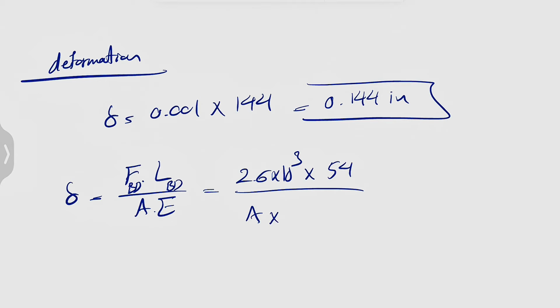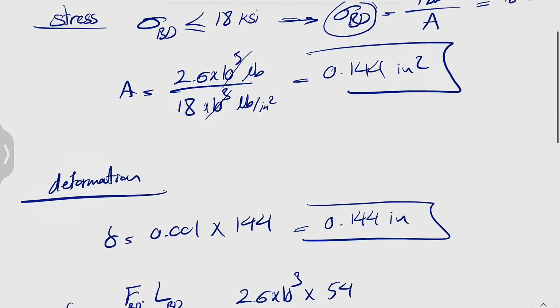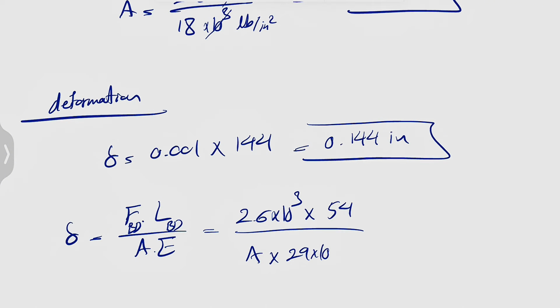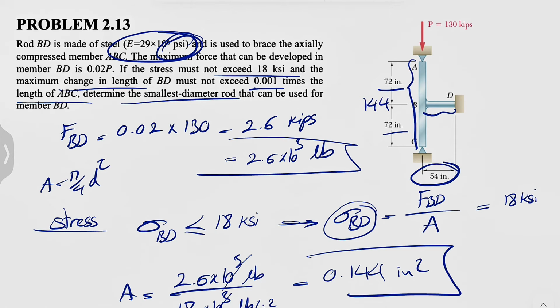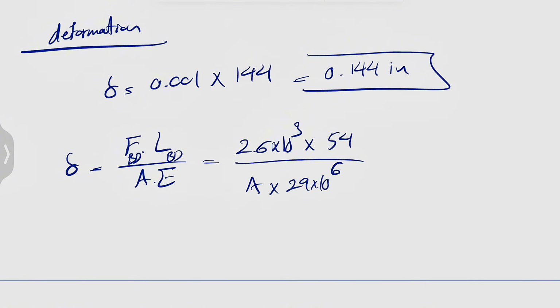The area is what the question is asking, and we have the elastic modulus from the beginning of this, 29 times 10 to the 6. You just have to watch for the unit. This is psi, or pounds per inch squared, so you have to go with everything in pounds. That's why I did the 10 to the 3 for the force. This will be equal to 0.144 inch.